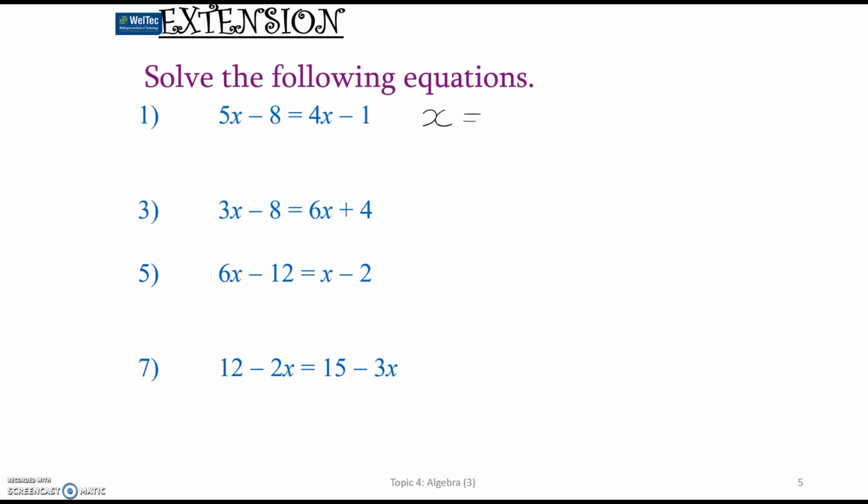The answer is x equals 7, x equals negative 3, x equals, no, that's not right, x equals negative 4. And for number 5, x equals 2, and for number 7, x equals 3. So try each one, halt the video, do it, get the answer, check it.